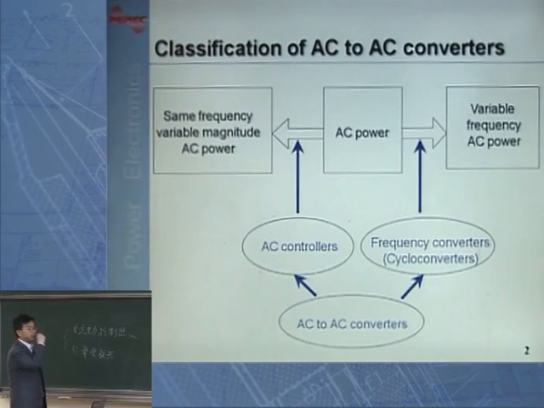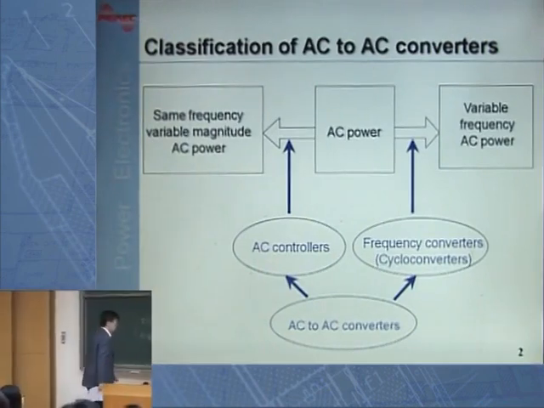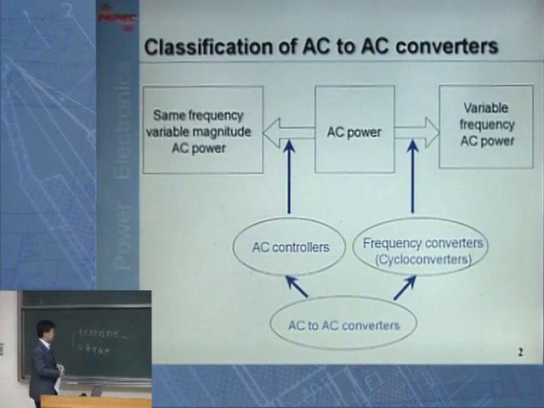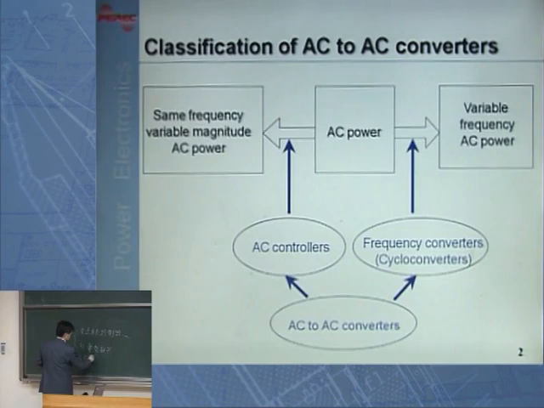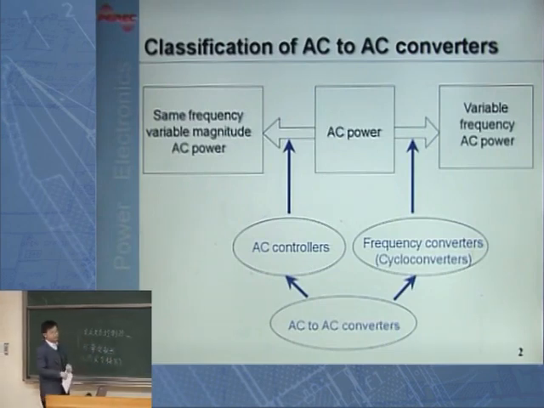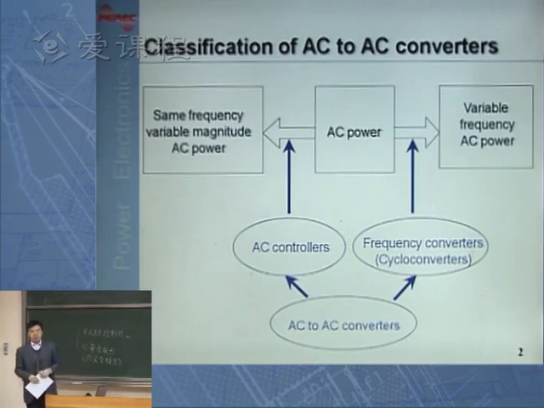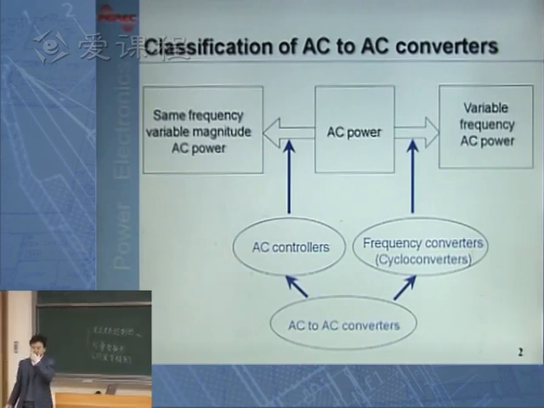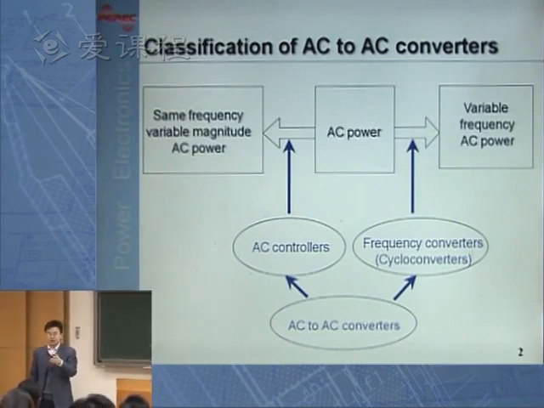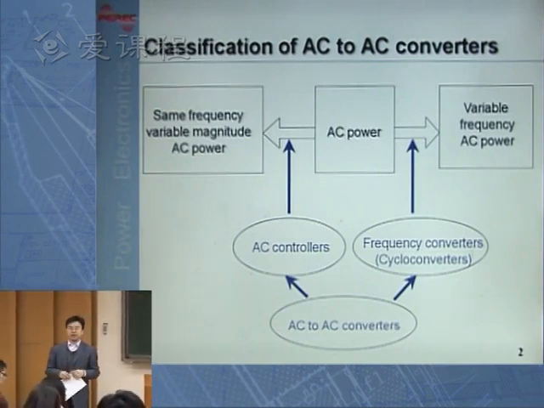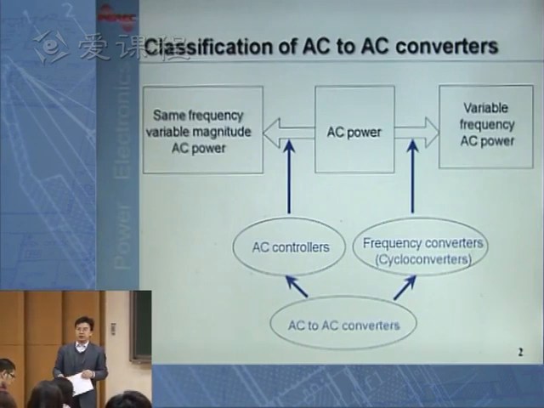And we have a special name. A frequency converter is also called a cyclic converter. Okay, this is the basic classification for AC to AC converters, based on whether the output AC voltage has the same frequency as the input or not.